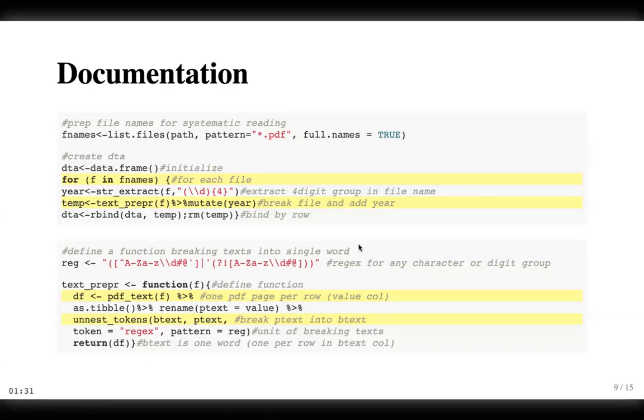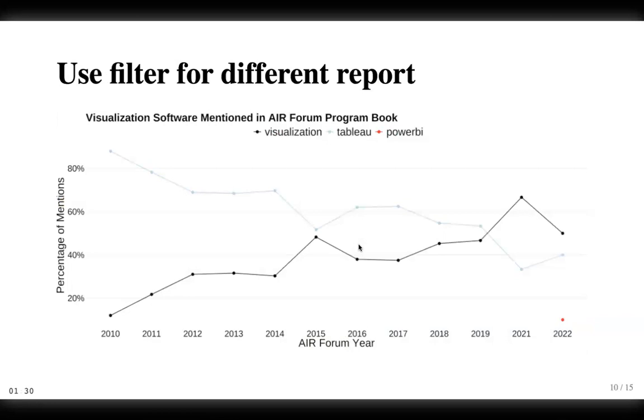After showing you the process of creating the data, let's see how we can use the same data to reproduce the visualization I showed you on the previous slide. On this slide, I used the same data and applied a different filter to include the words Tableau, Power BI, and visualization this time.